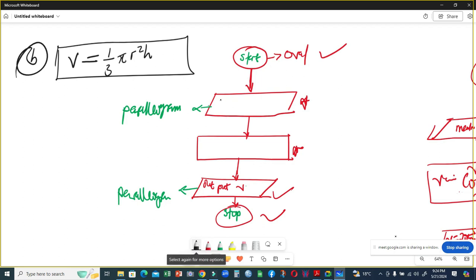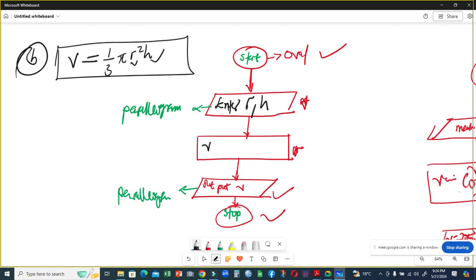What data? We need to enter radius and h, not pi. Pi is a constant value. So here just mention the letters which are part of the formula. So we'll say enter r comma h. That's all.